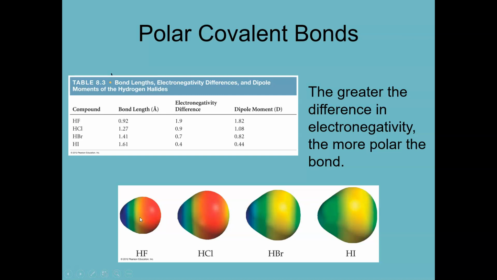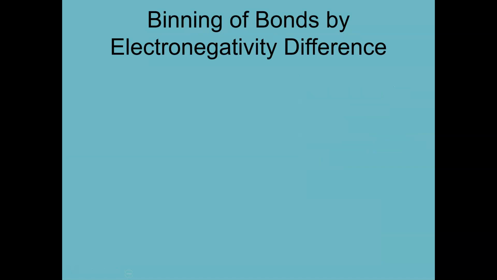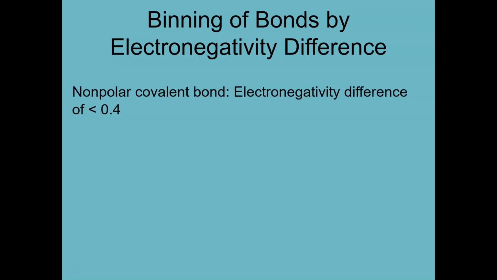And so we can use what we call binning, and binning is simply looking at a particular bond and looking at the difference in electronegativity between the two atoms, and then putting it into one of three bins, basically the bins being nonpolar covalent bond. Anything that has an electronegativity difference less than 0.4, we would consider to be a nonpolar bond.